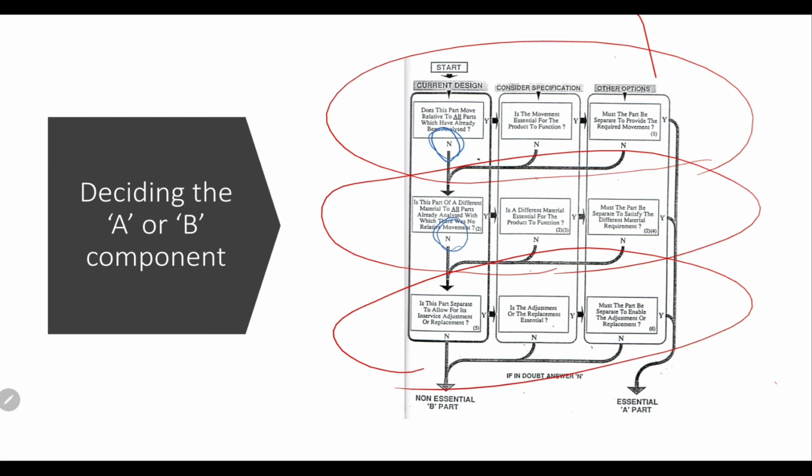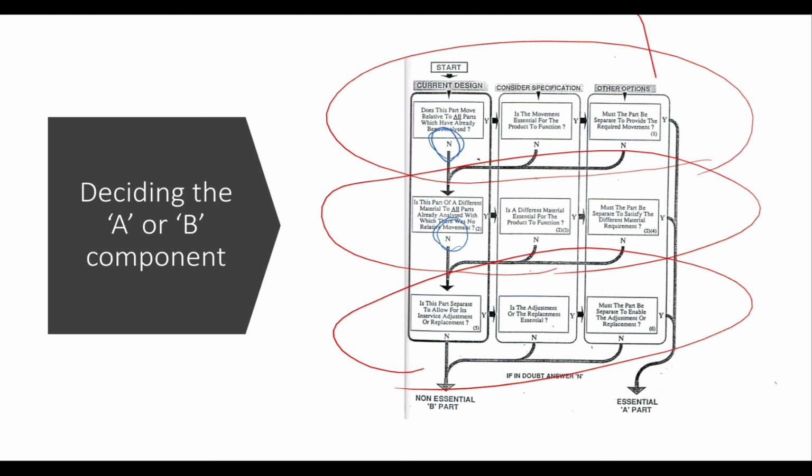And we go to the third question. Is this part separate to allow for its... what is meant here is, should the part design be separated? Should this part be separated when later we want to do repair or maintenance or replacement?